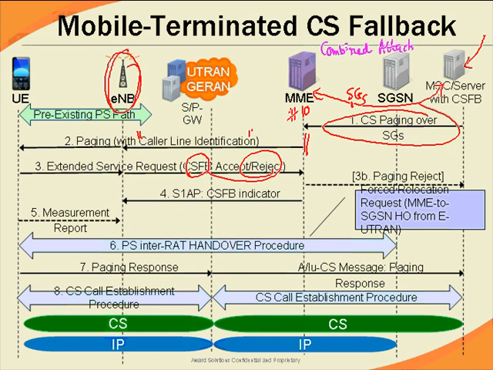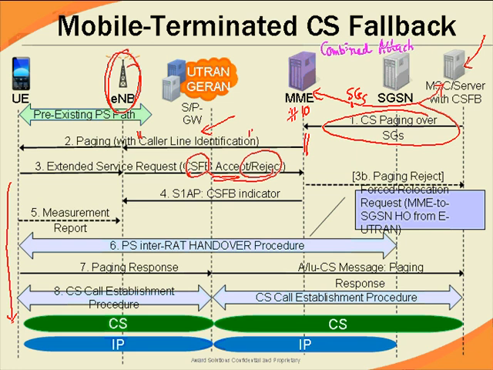If the user does not want to take the call, why unnecessarily go through all these processes? That would be a waste of network resources. On the other hand, if the user accepts that call, then we will continue spending our time and effort on setting up the call. That is the idea behind having the identity of the caller.